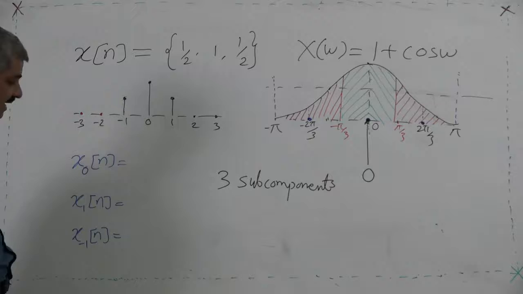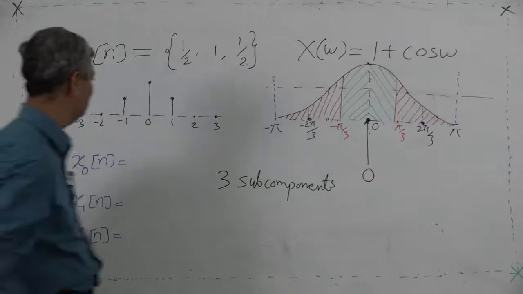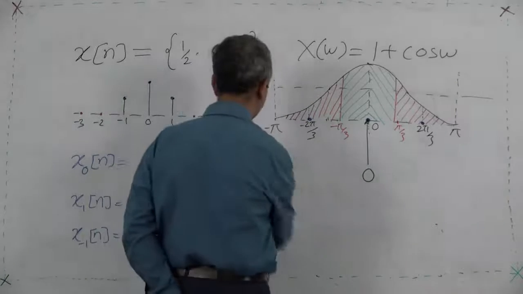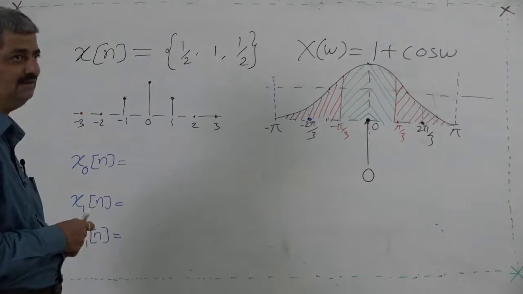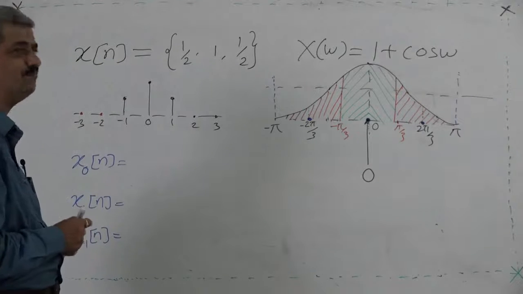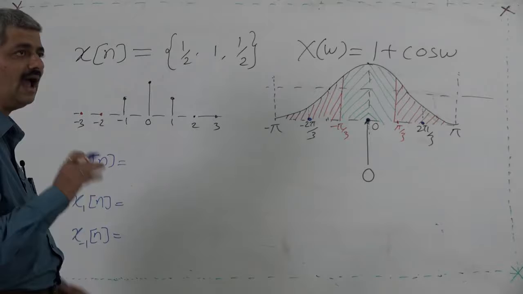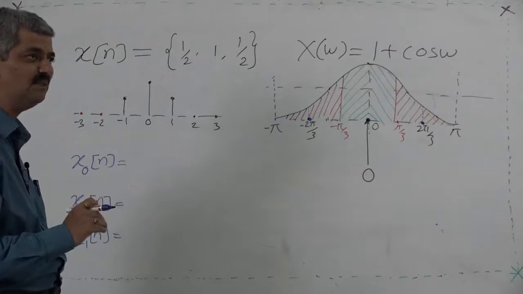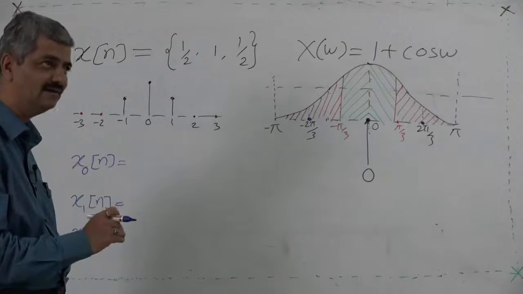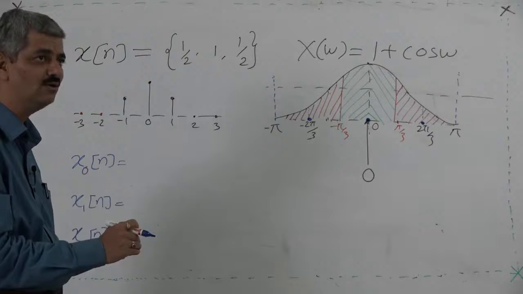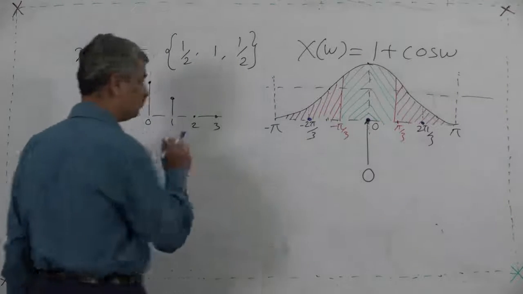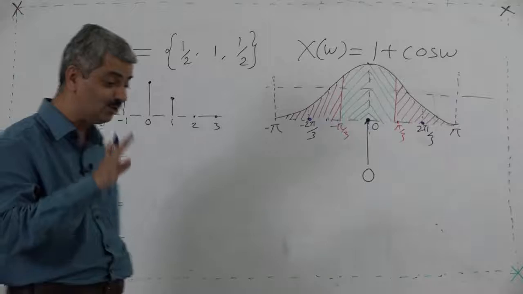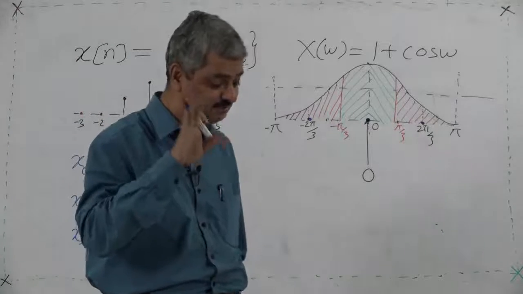What is x0n? x0n is a rotating point at an angular speed of omega 0. Again I repeat, it is a rotating point; rotating in the clockwise direction is negative, rotating in the anti-clockwise direction is positive.